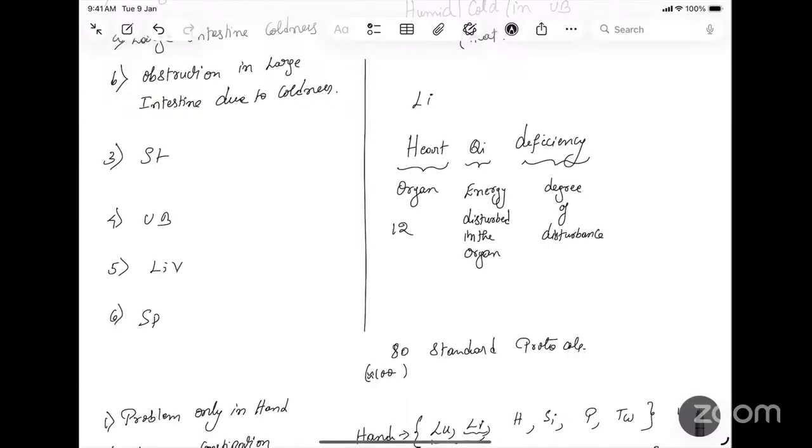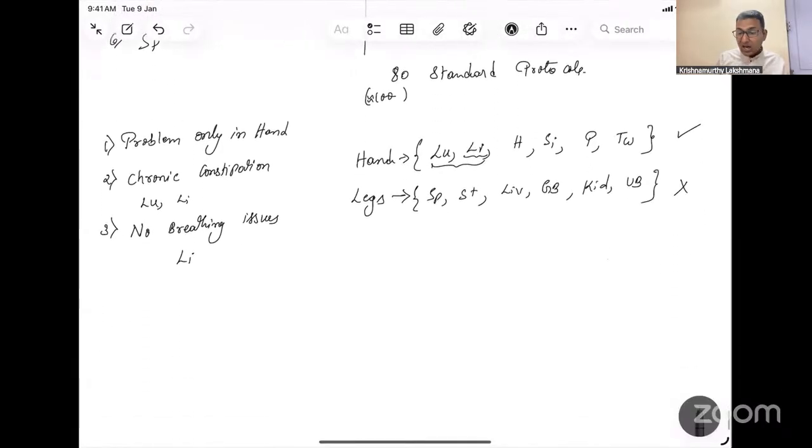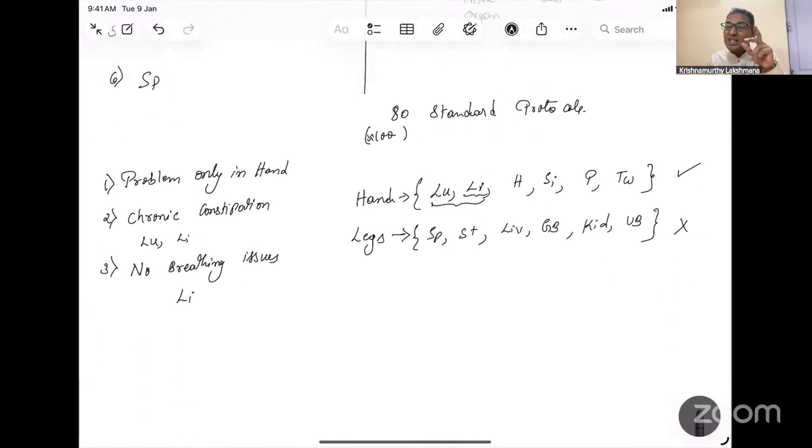So I got to know it is something related to large intestine. Now, my decision is whether it is excess or deficiency, which is to be understood. It is excess, sir.